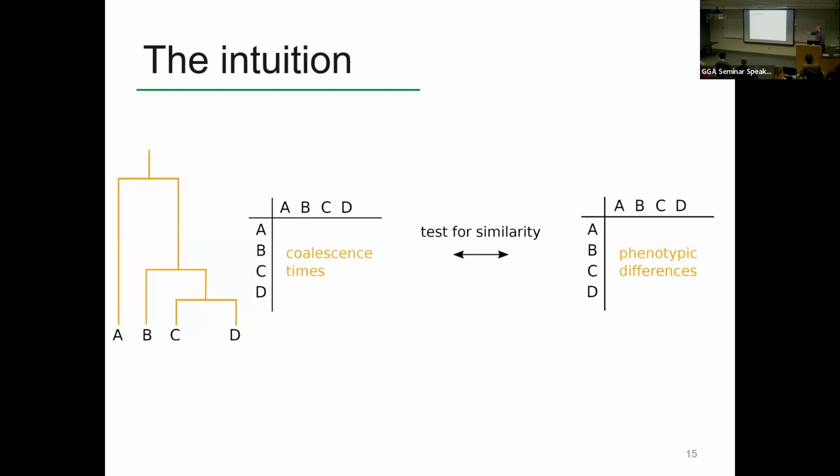We could similarly make a matrix of the differences between them on some phenotype. And if the locus we're looking at has something to do with the phenotype, we might expect that these matrices would be similar. Like the closer the coalescence, the more similar on the phenotype. And again, it's not literally what we do, but that's exactly the intuition for the method I'm going to talk about.